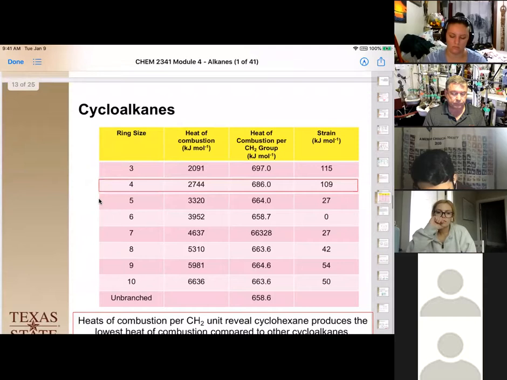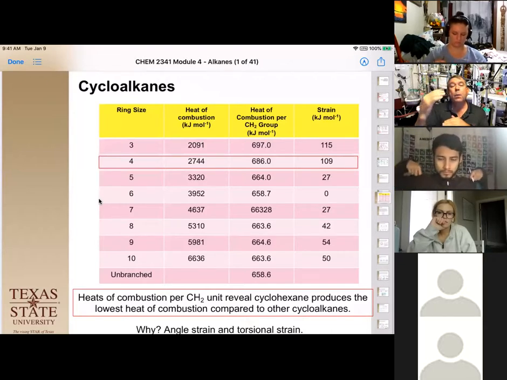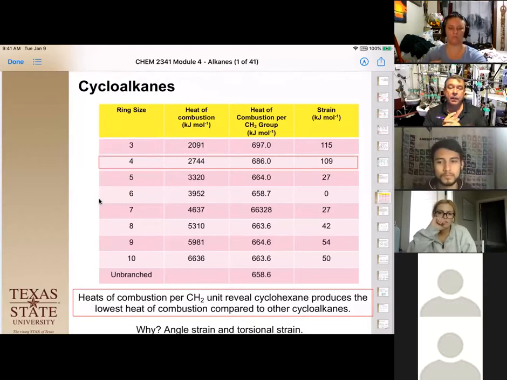Okay. So now, if combustion is all about stability of the material, and we just showed it in a straight chain, when we start looking at rings, we can actually calculate the strain by how much different it would have been compared with the straight chain.